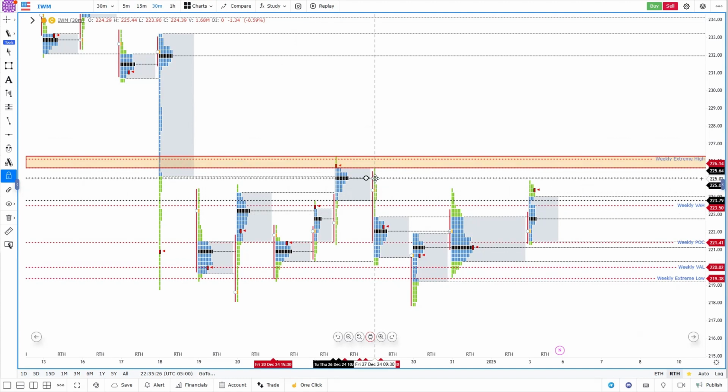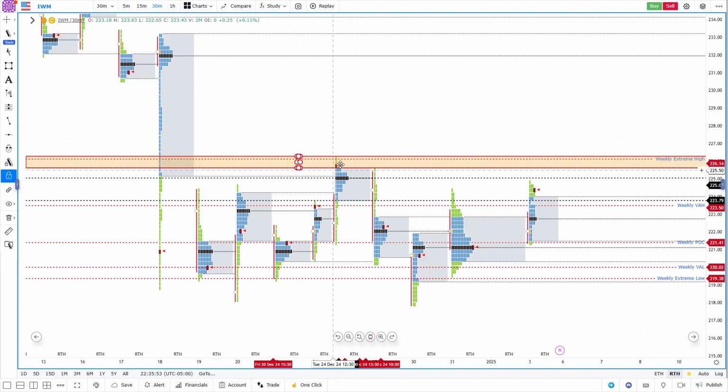Price went to where buyers and sellers agreed the most, up to where buyers and sellers agreed the very high of price. So again, 225.64 is the last price point they agreed before a seller came in and said, you know what? IWM is not worth anything more than 225.64.